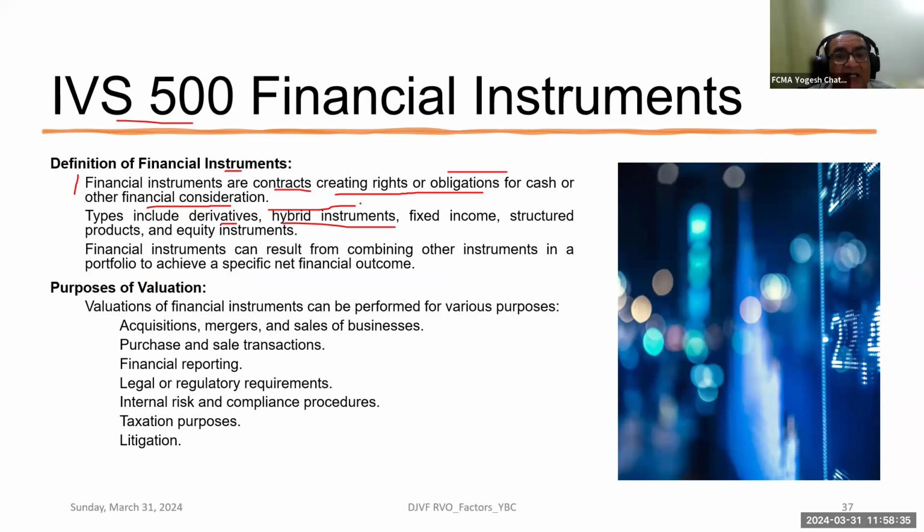We can take many examples of hybrid instruments, like option contracts or any other type of contract, like convertible securities. Also fixed income, structured products, and equity instruments, and that can result from combining other instruments in a portfolio to achieve a specific net financing outcome.